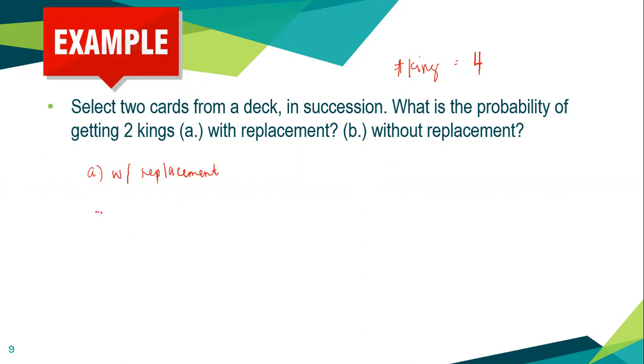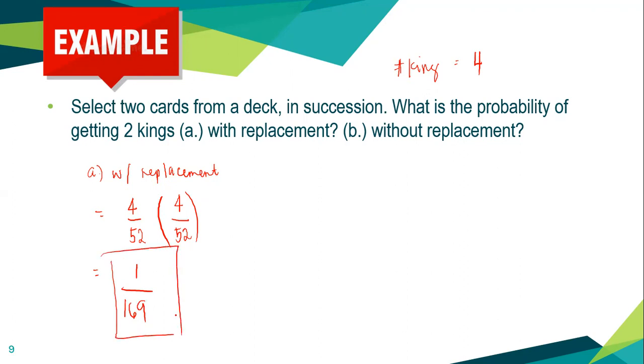In the first draw, you got a king, so we have 4/52. You said you returned it, so the number of kings was not reduced, and neither was the total number of cards. Right? So we have 4/52 times 4/52 is 1/169. And that is your answer for letter A.